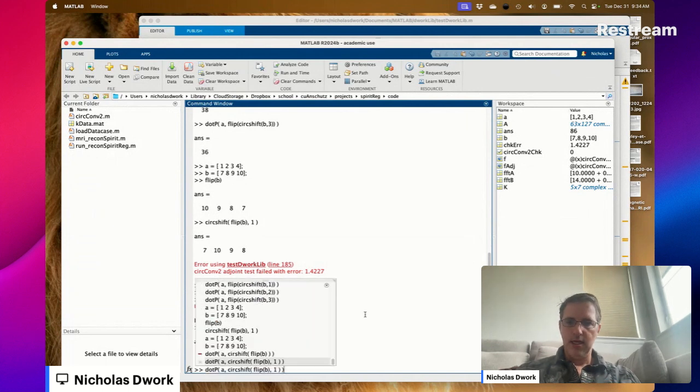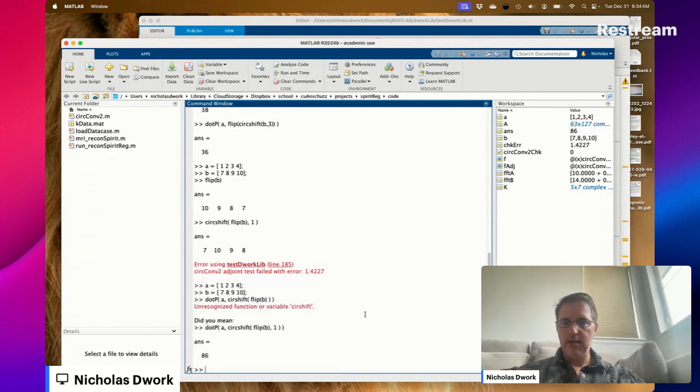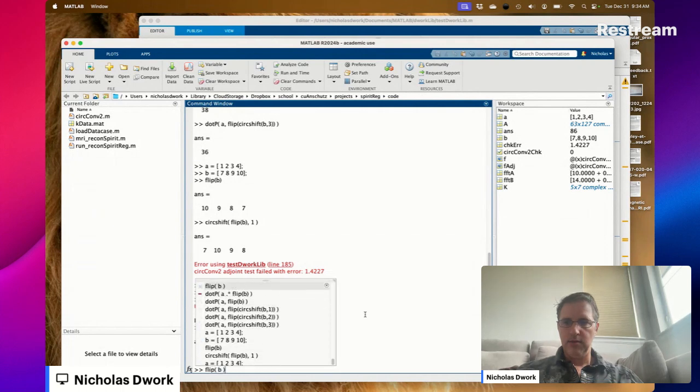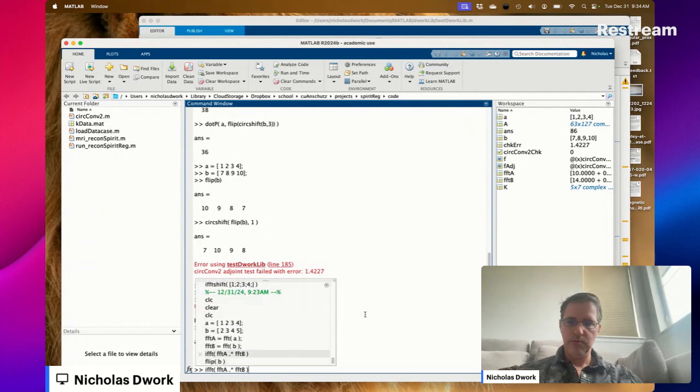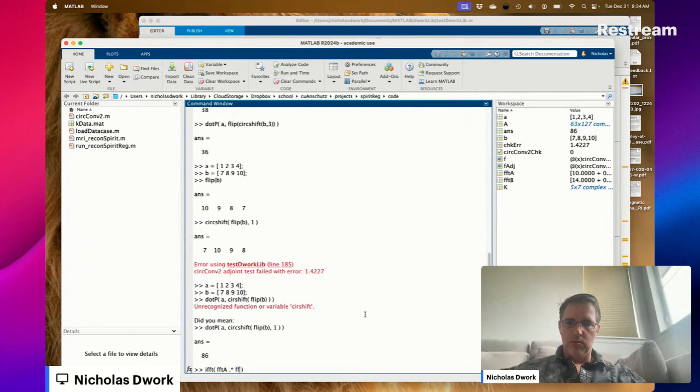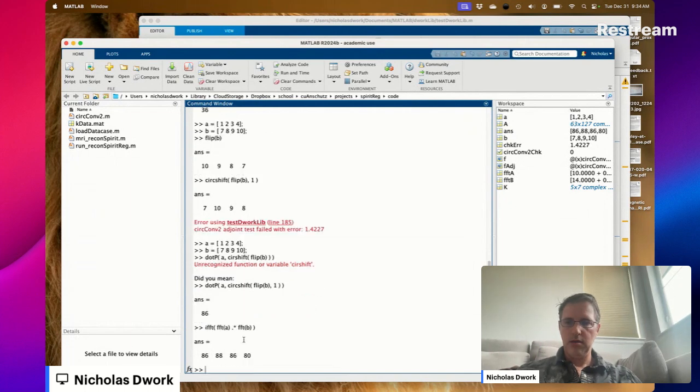Okay, so what do we get when we use the FFT to do stuff. I don't expect this to work. But it did. 86 is at the origin. Oh, or there are two 86s.